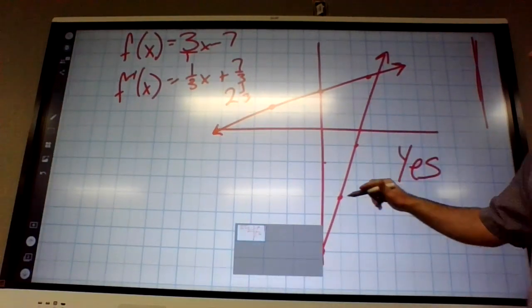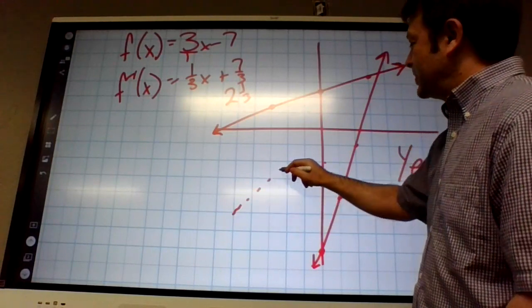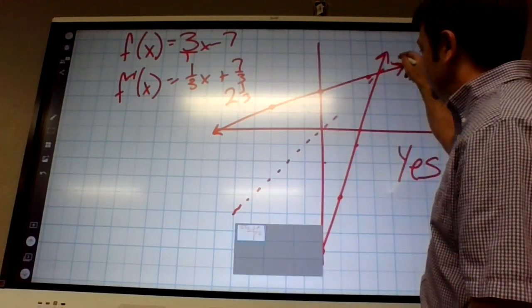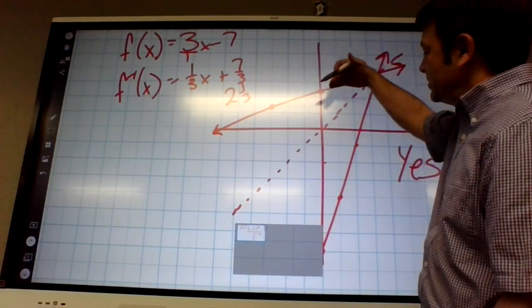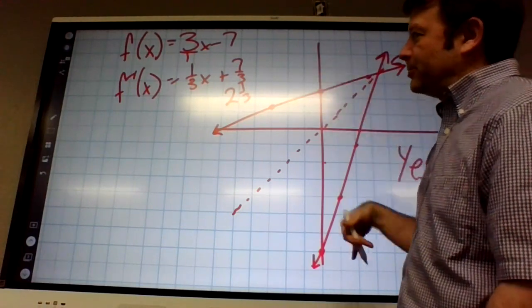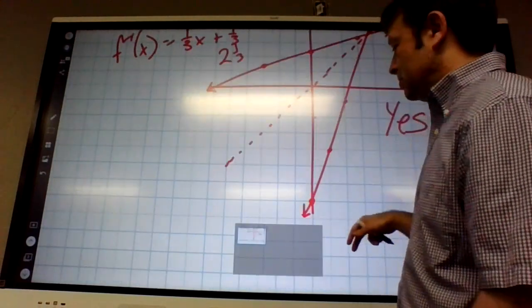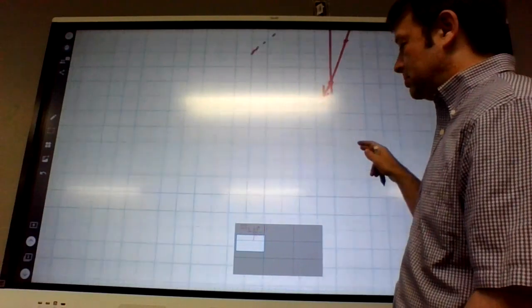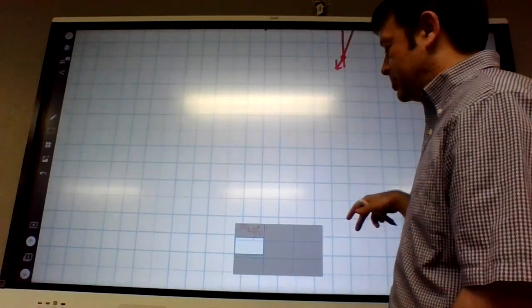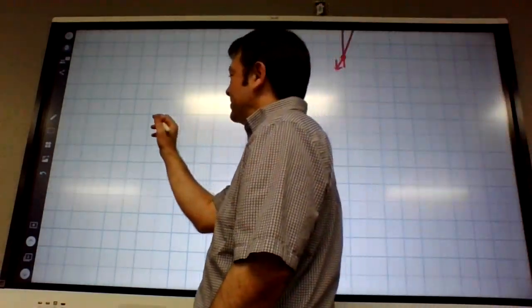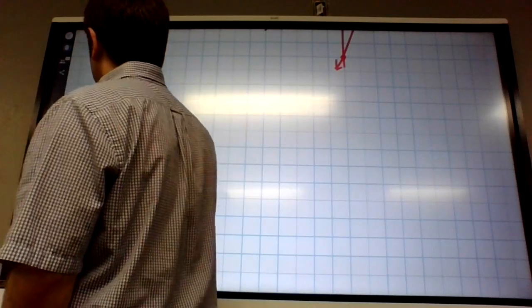Do you guys remember that the inverse function should be a reflection over the line y equals x, the diagonal line? That's kind of how I grade it. Does it look the same on both sides? Well, it's something we learned, but anyways. Yeah, we'll talk about number 10.